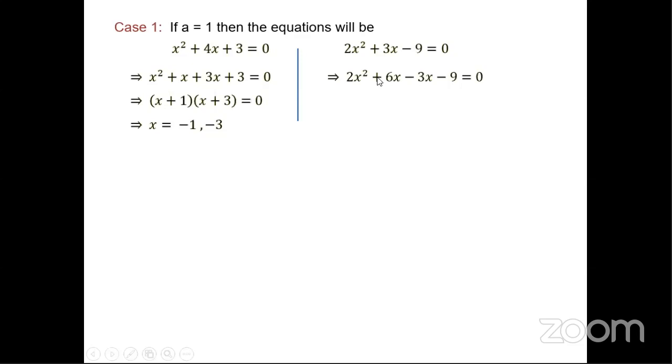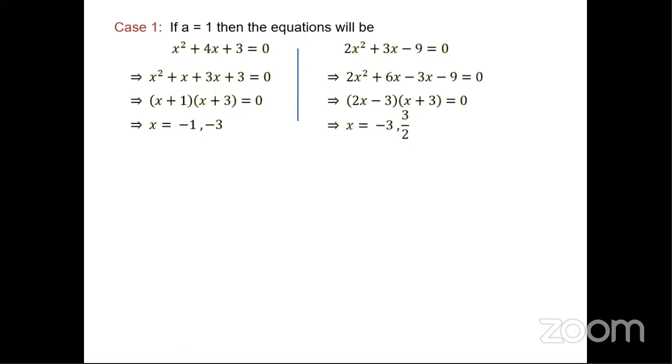Plus 6x minus 3x is nothing but plus 3x. Now, after simplifying, if you take 2x common from the first two terms and minus 3 common from the last two terms, you will be left with 2x minus 3 into x plus 3 is equal to 0.